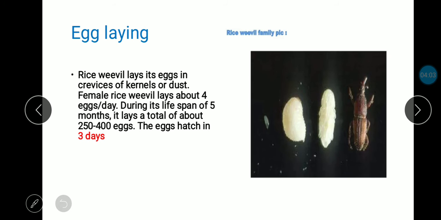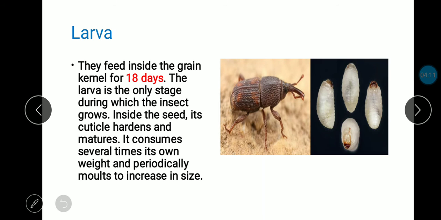That is, the incubation period is 3 days. After that, the egg hatches. The larvae feed inside the grain after egg hatching. Inside the grain it lives and its lifespan is nearly 18 days.